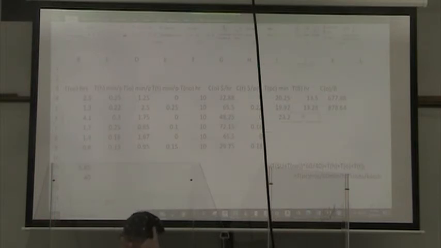which means equals 23.2 times batch size divided by 1 hour per 60 minutes.